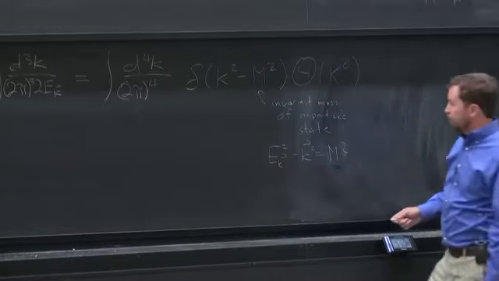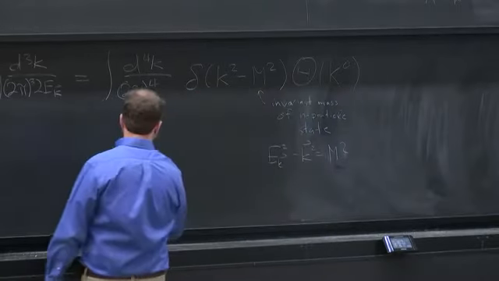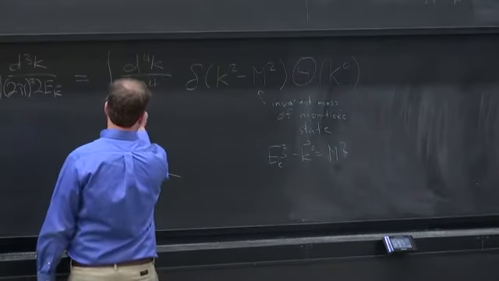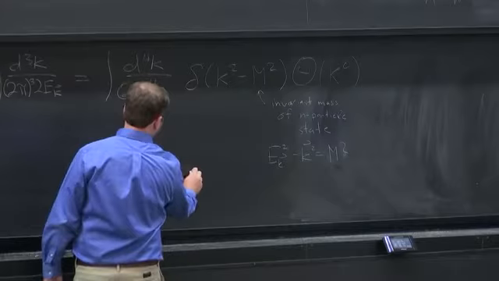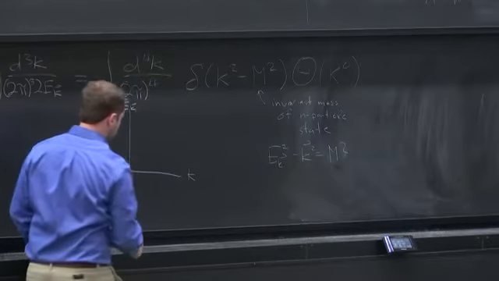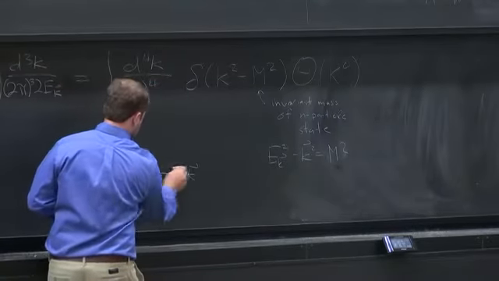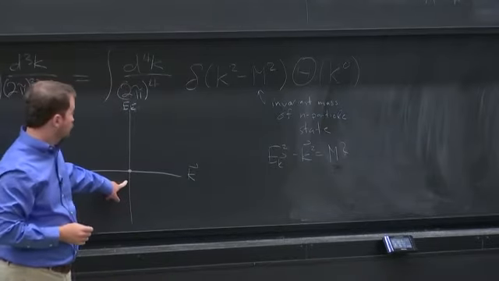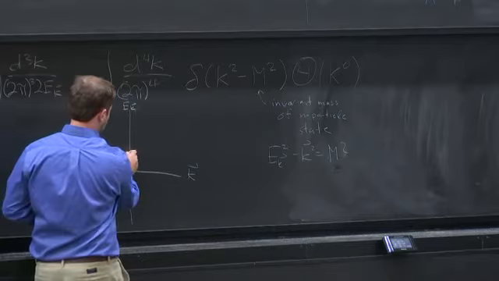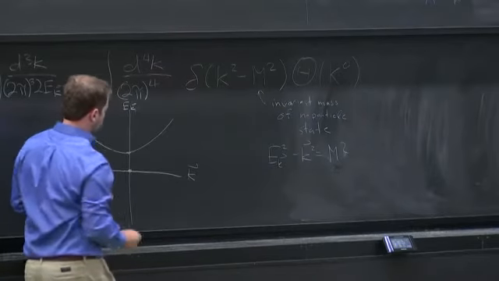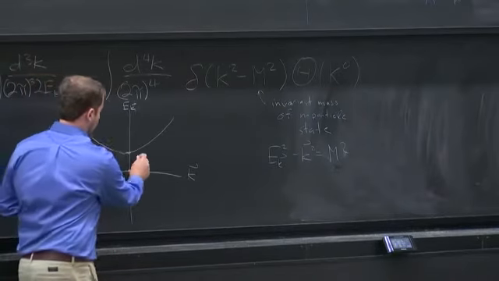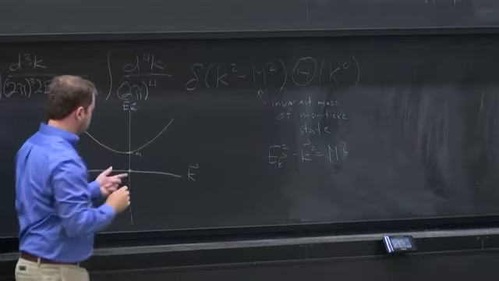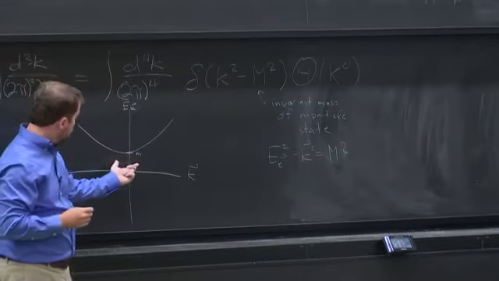The fact that we're assuming there are no bound states means that if we plot Ek versus k, there's a one particle state which, if total momentum is 0, has energy m.